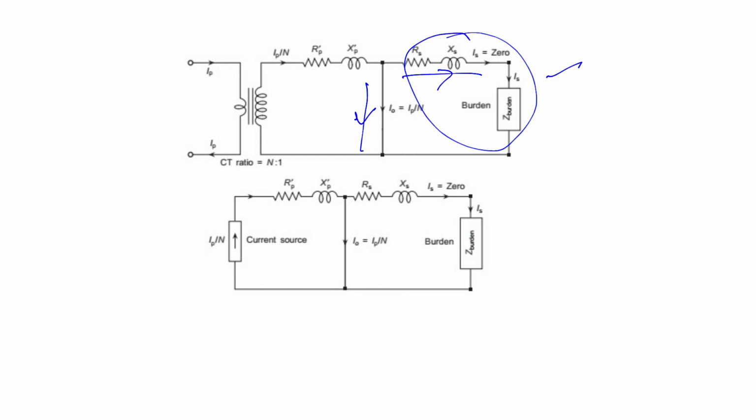The circuit model consists of a current source feeding this RP, XP. The connections to the outside world are available through RS and XS. However, in that case, the maximum of the current is flowing through the magnetization branch, and it is represented by the short circuit.